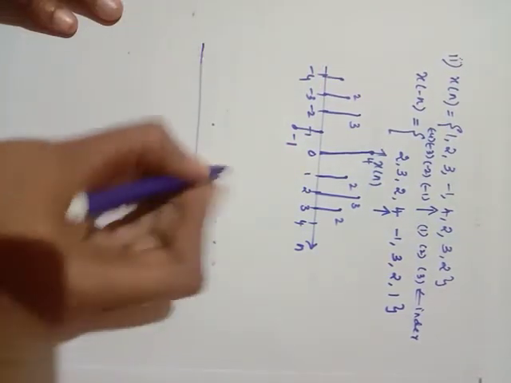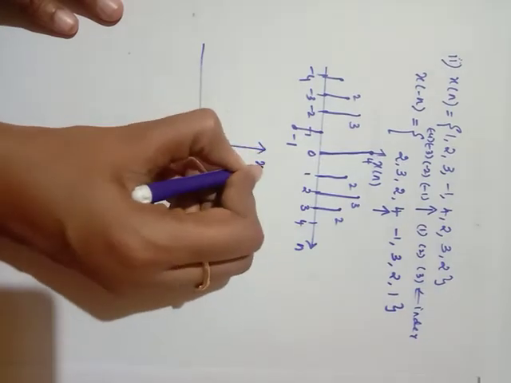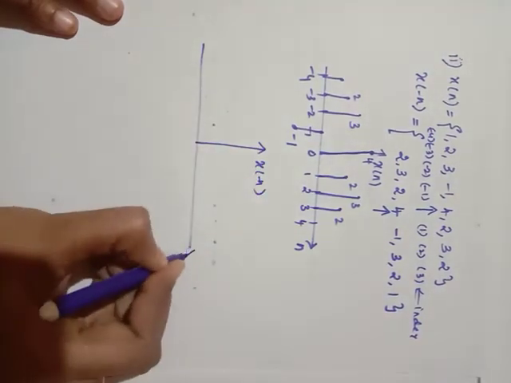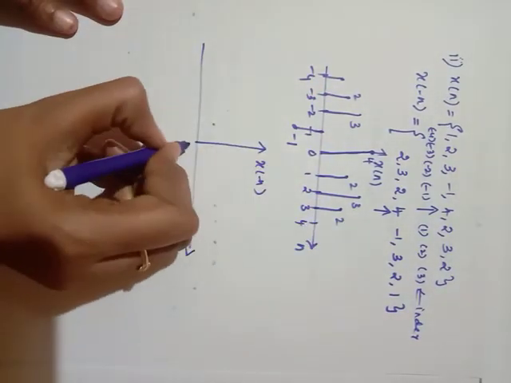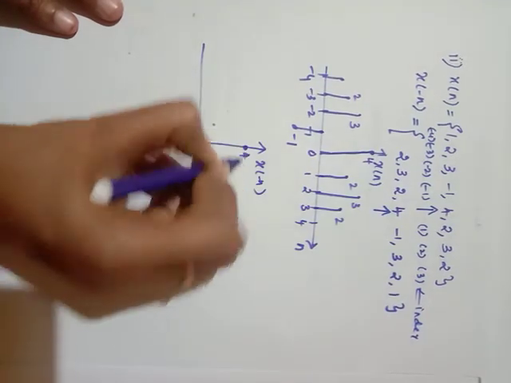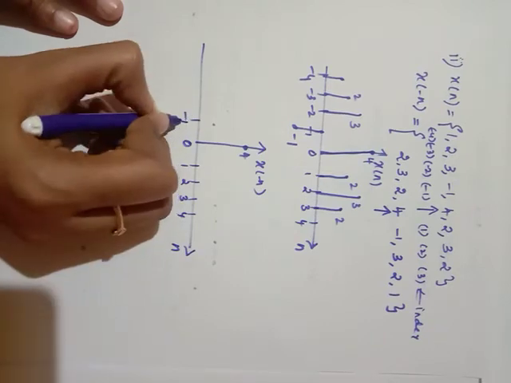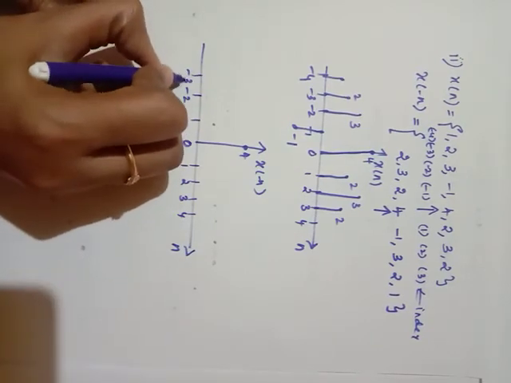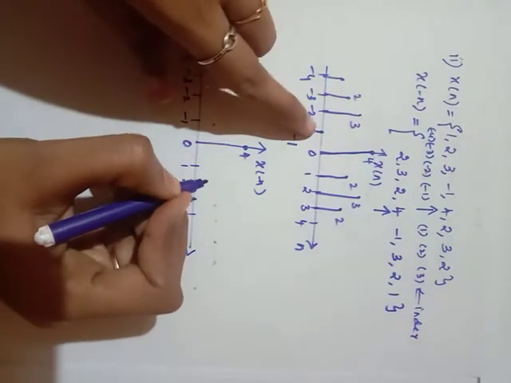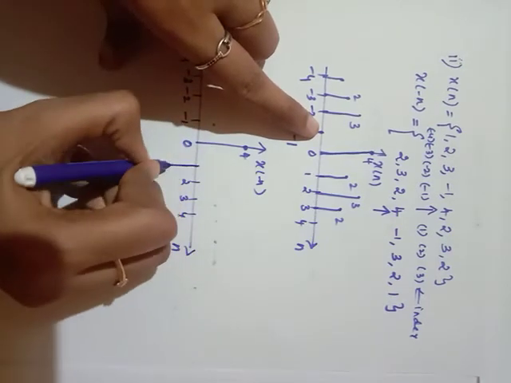Now I need to perform this x of minus n. Okay, x of minus n, just a reversal. At origin the value does not change, so it will be like this. So here minus 1, minus 2, minus 3, minus 4, whatever values we are having on the negative side will go to the positive side.